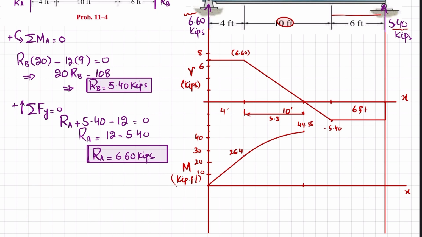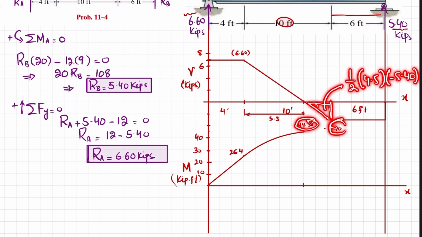So I will draw this like a curve. Clear? Now the another area is this one. And this remaining distance is 4.5. So this area will be equal to half of base, which is 4.5, multiplied by this height, which is minus 5.40, which will give you a value that when added with 44.55 will give you 32.4.